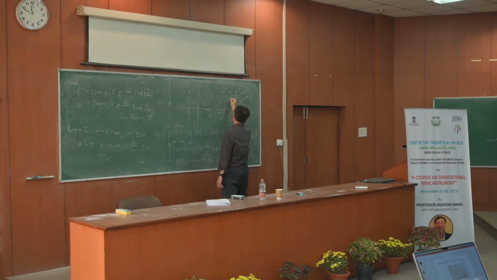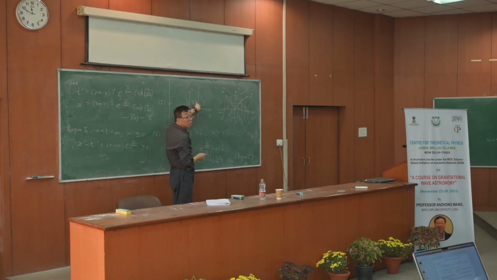Here is also r equal to 2m, but I just simply extend it, remember we just put it here. Okay? So r equal to 2m, this vertical line becomes 45 degrees. Okay?